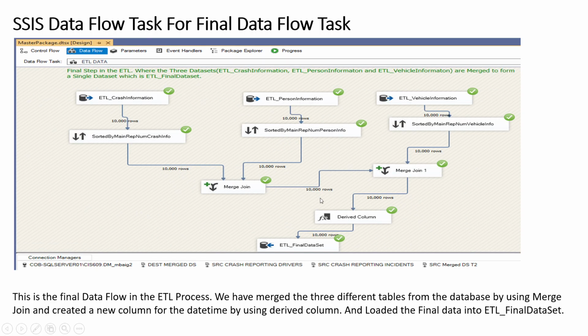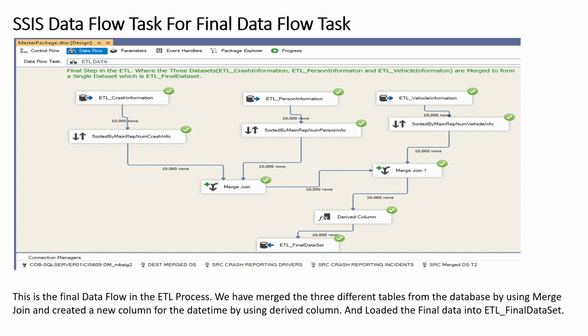Coming to our final data flow task, that's our final task in our ETL process. Here we have three different tables in our database, so now we are going to merge them by using merge join. Merge join is done by mapping with the same column name.